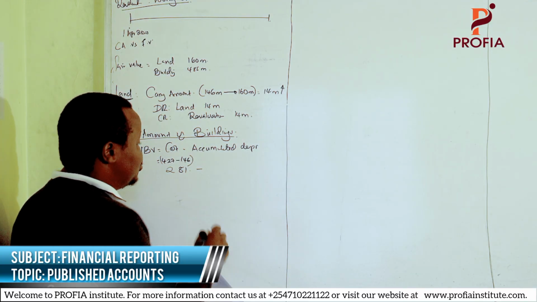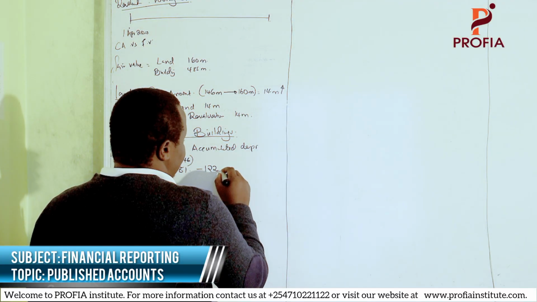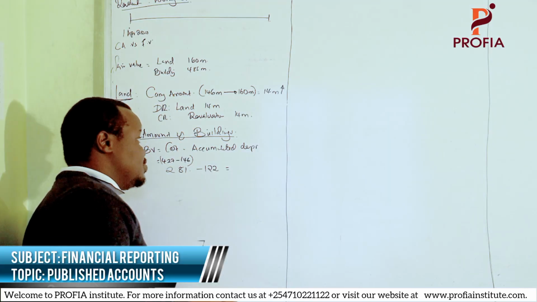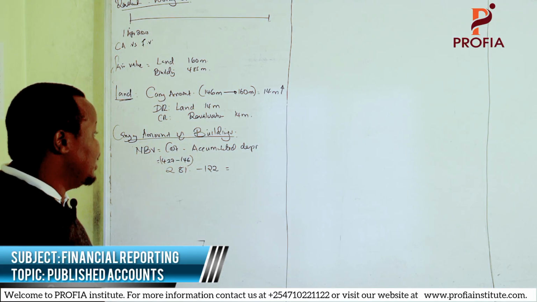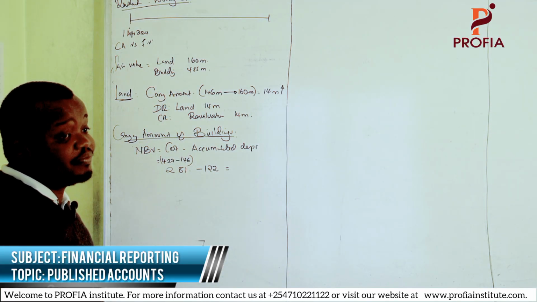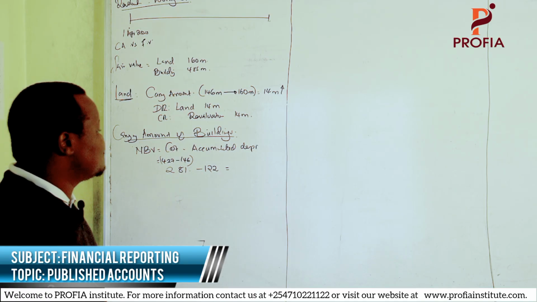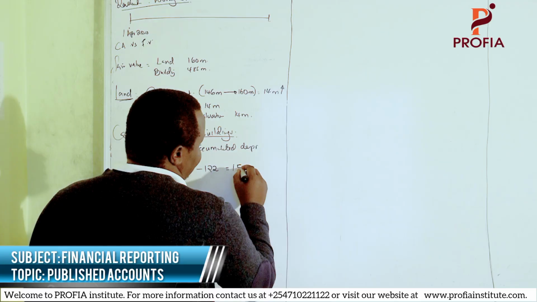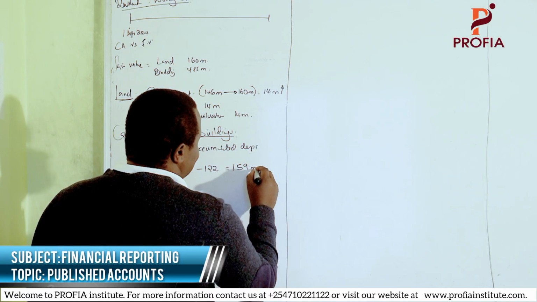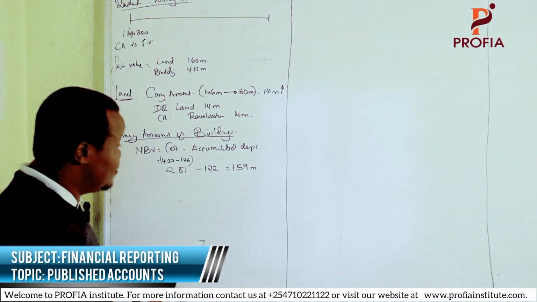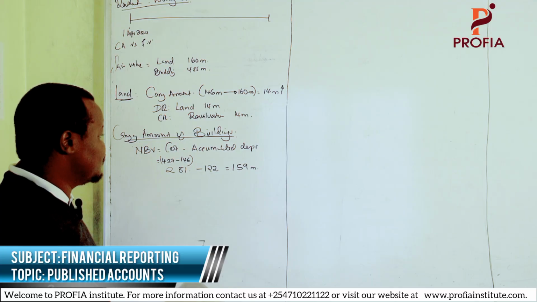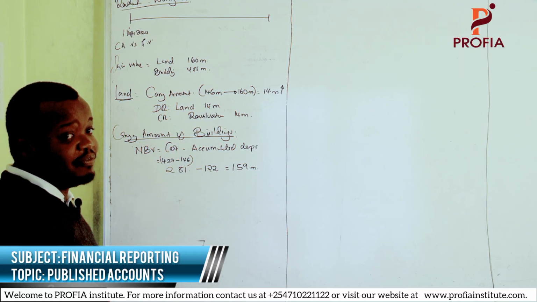It is 122, in the trial balance as accumulated depreciation for buildings. That gives us a net book value of 159 million. So the carrying amount was 159.